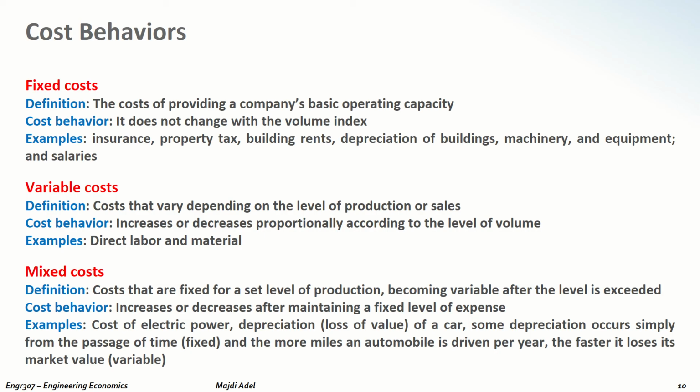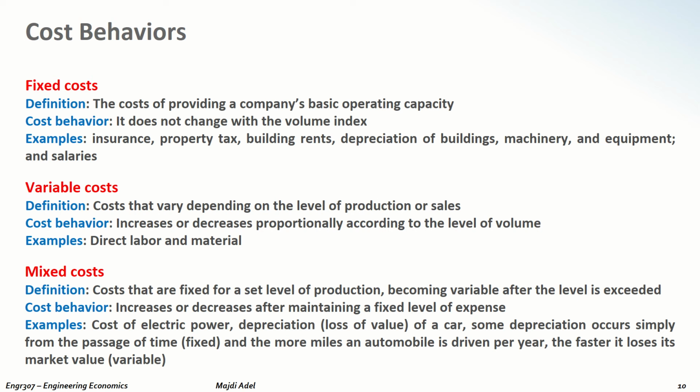It remains constant. This is for the basic operation of the company. Examples are insurance, tax, rent, depreciation of buildings, of machinery and equipment, and also salaries of non-direct labor. All of them are classified as fixed cost.